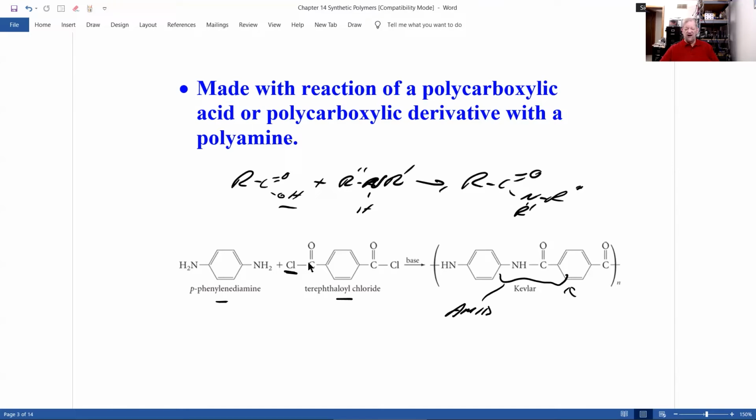And when n is 500,000 to a million, if you take enough of these and weave them together, the fabric, you can make layers, and we call that Kevlar. Because of the benzene rings, the layers of that polymer are very strong. And one of the uses of Kevlar is bulletproof vests for the police.